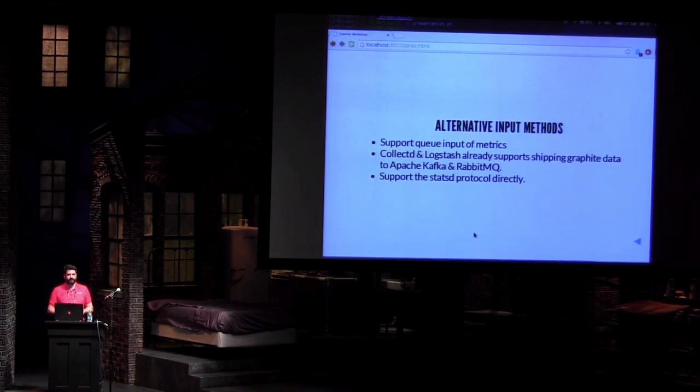But since many projects, such as collectd and syslog-ng, know how to emit data to both Apache Kafka and RabbitMQ, leveraging these queuing mechanisms to input metrics would be very worthwhile, and that's actually what we're doing. I'll talk about this a bit later on. And the last thing is, this could also allow us to expose the StatsD protocol for people who want an out-of-the-box complete solution. It'd be quite easy to add that as well.